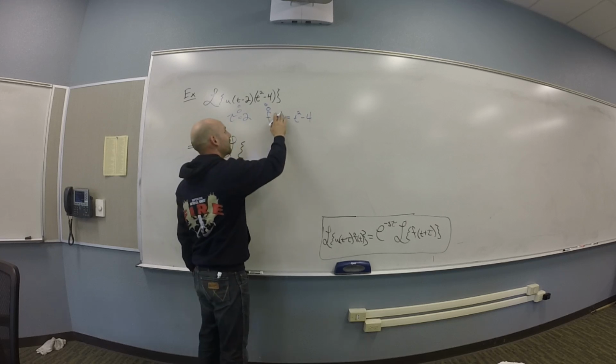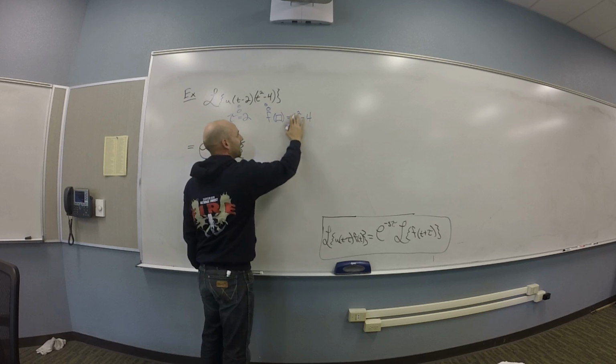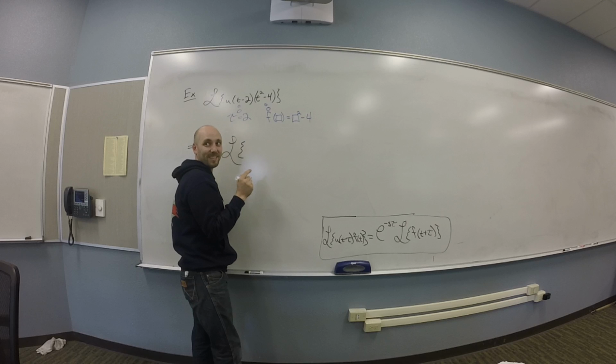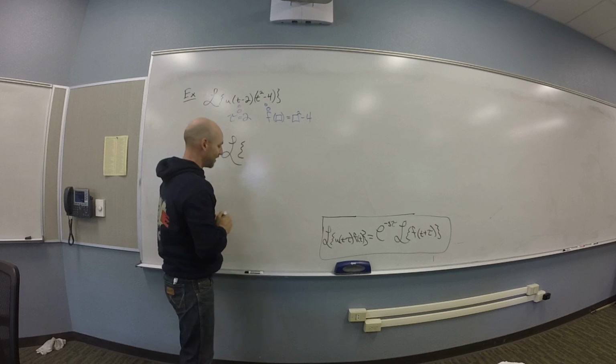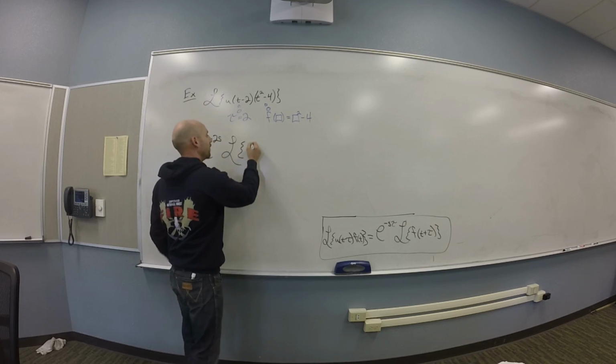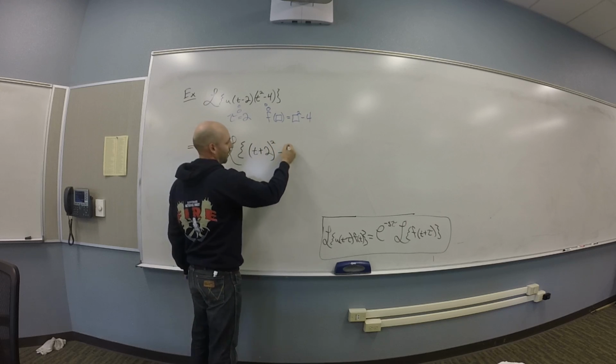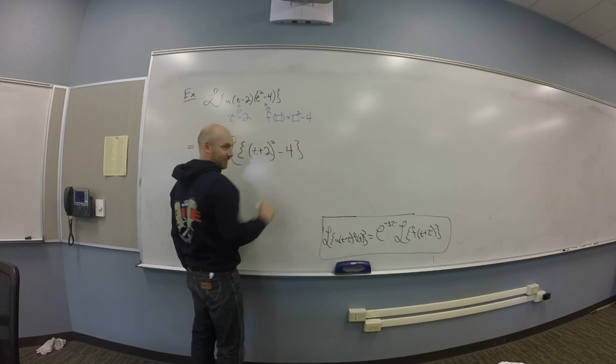Okay. And then you need to shove a t plus 2 in there, right? So this is going to be the Laplace transform of the quantity t plus 2 squared minus 4 in this case.